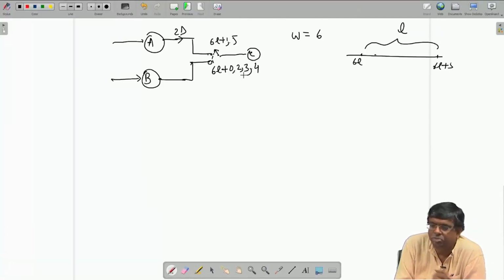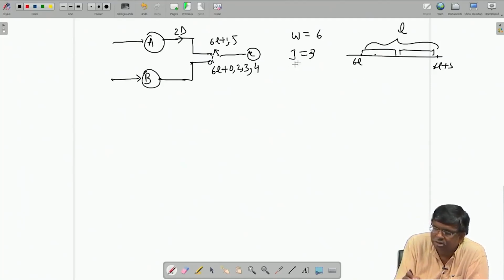Now, here you see, I have to unfold by J equal to 3. So, 3 bits will form one digit cycle, 3 another digit cycle. So, W prime is 2, 3 into 2 is 6. So, this will be 2L plus W prime L plus 1 like that.